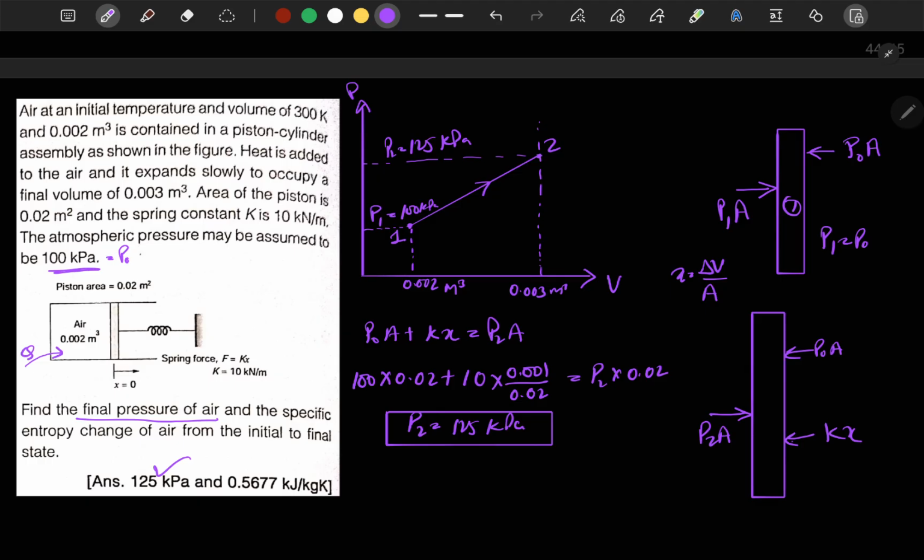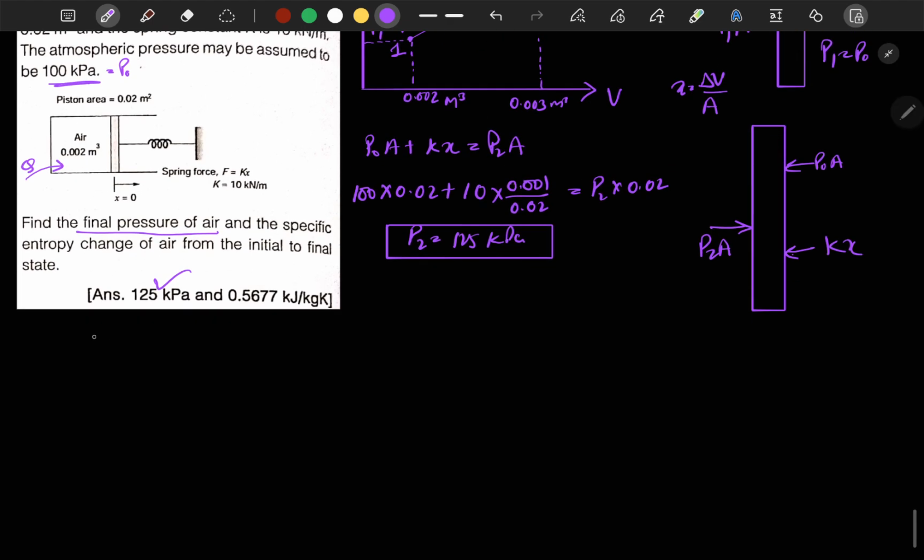So how can we calculate the change in entropy of the system? Change in entropy, delta S given by S2 minus S1, is the entropy change of air from the initial to final state.